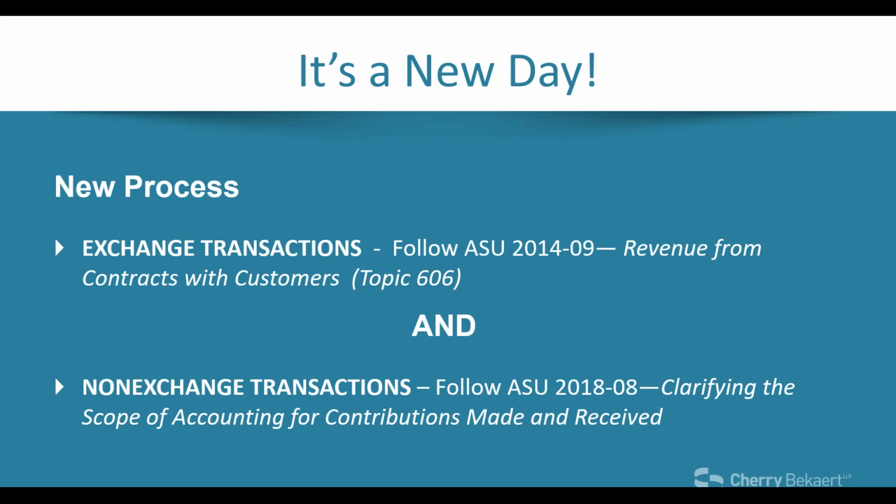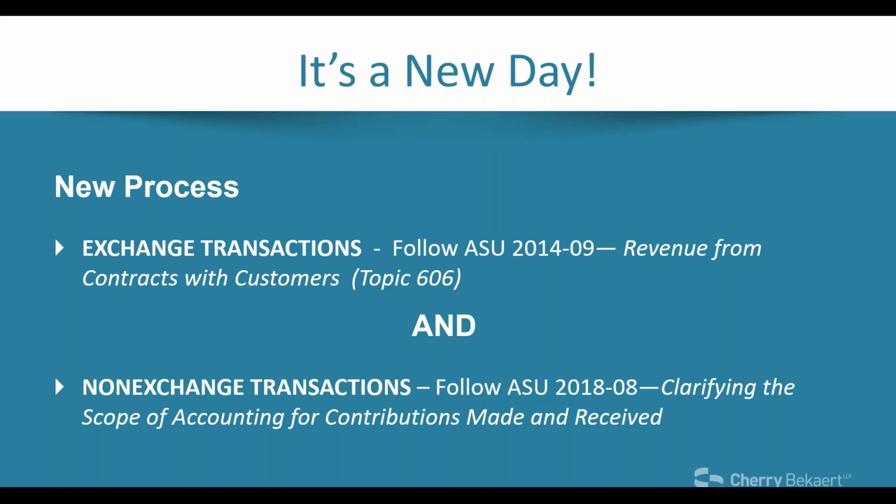Number one is Topic 606, which is for exchange transactions, and the second authoritative guidance is going to be Accounting Standards Update 2018-08, which deals with clarifying the scope of accounting for contributions made and received. So these are the two bodies of guidance that you will follow when you look at revenue recognition.